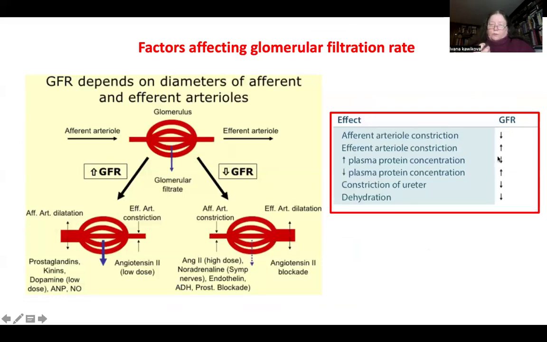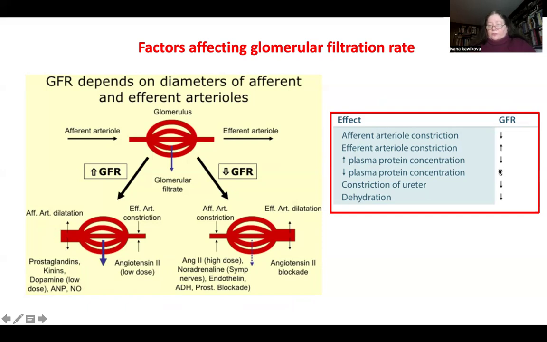If you have the proteins to hold the fluid in the blood, in the capillaries, less will be going out. On the other hand, if plasma protein concentration is decreased, for example, in liver diseases, there will be less force to hold the fluid inside the capillaries, and glomerular filtration increases.